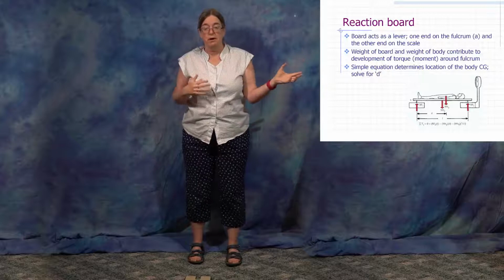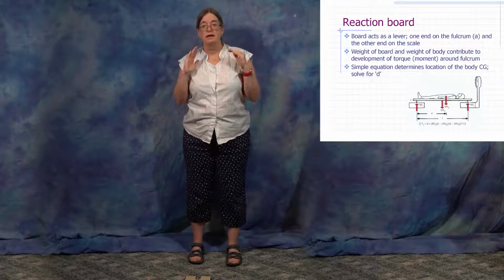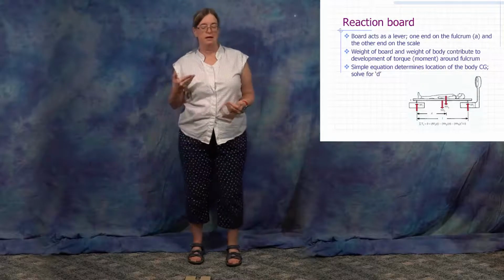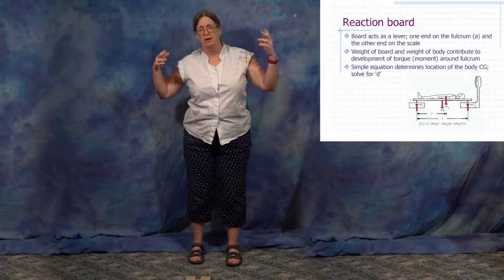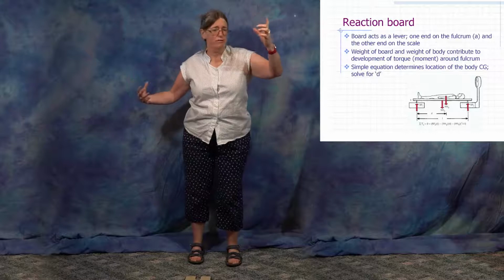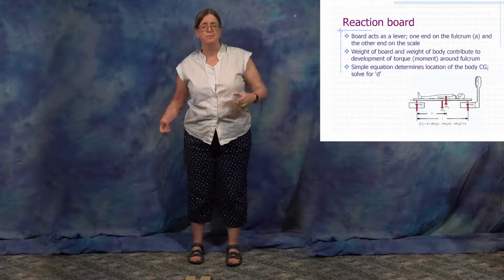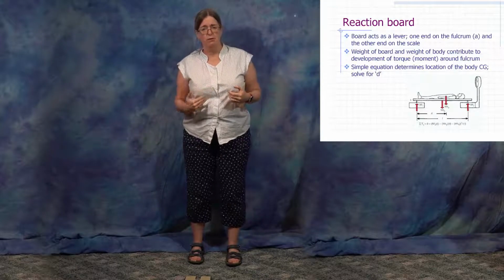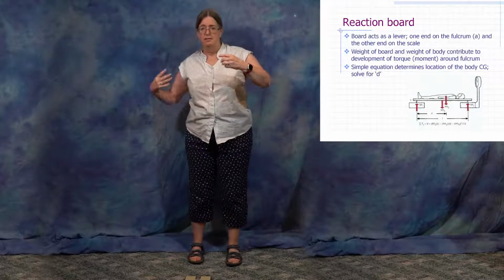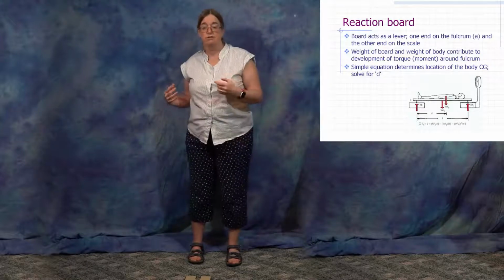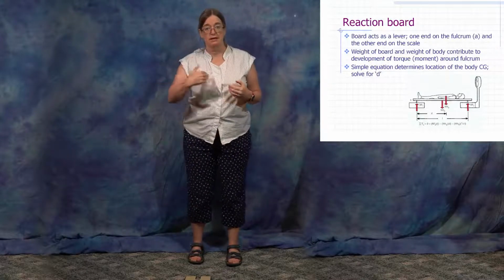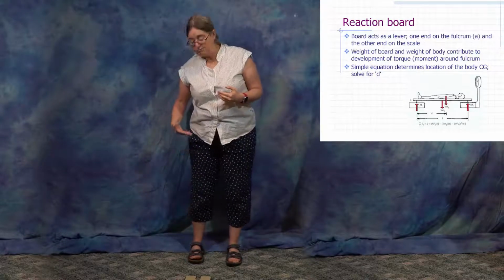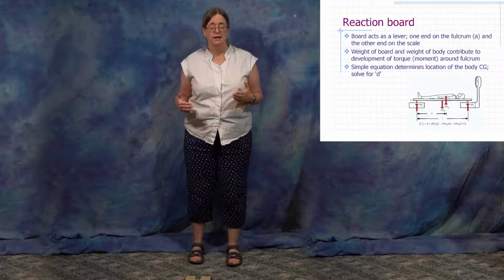So you have torque one way, torque the other way, and that gives you a distance from where that fulcrum is to where the center of gravity of the person is. Now you would have to have them in whatever posture you want them to be in. If you want to find it in the center of their body, you probably will have to do it in two different postures so you can get it both in the frontal plane and the sagittal plane.